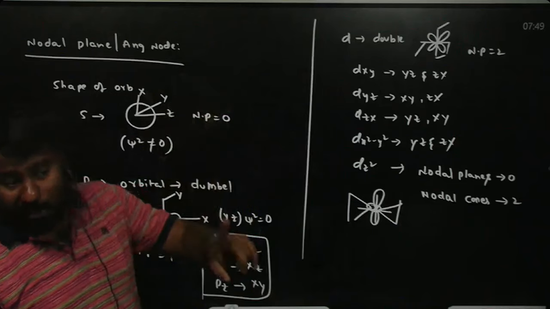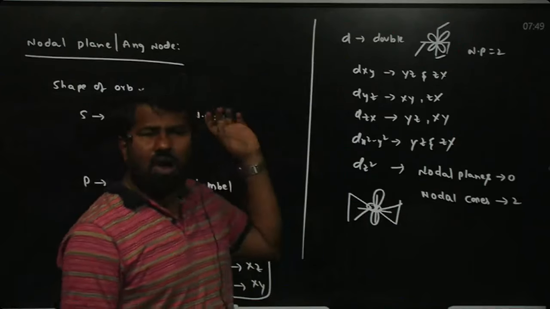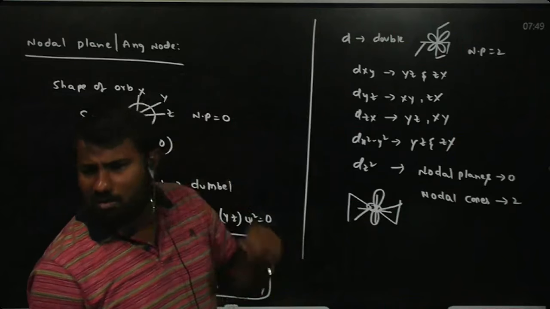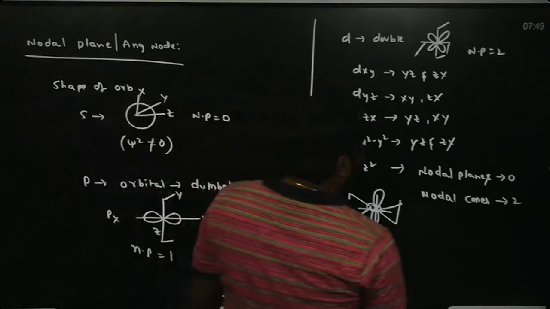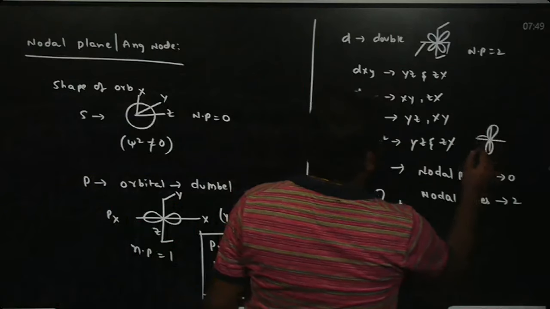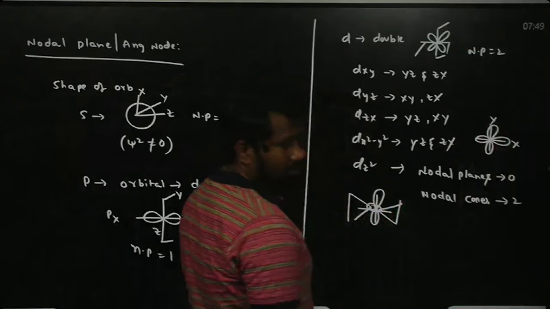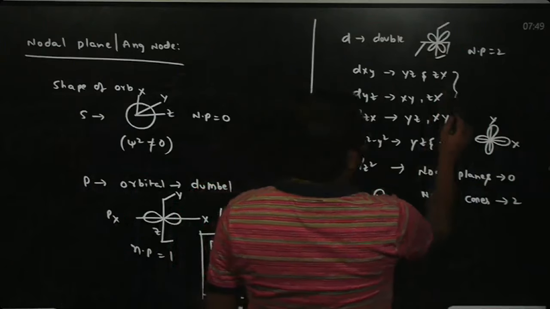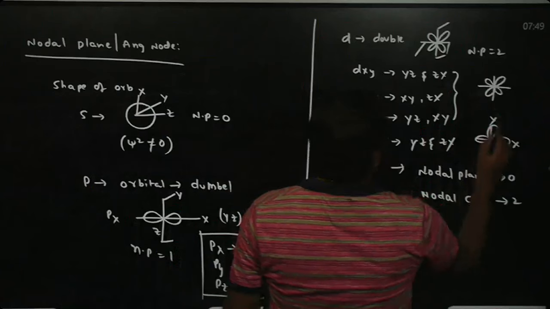Instead we have nodal cones, whereas the remaining d orbitals have nodal planes, that is 2. Only the dx square minus y square shape is different. Its lobes lie along the x and y coordinates, whereas the remaining 3 have the same shapes, with lobes lying in between the axes.